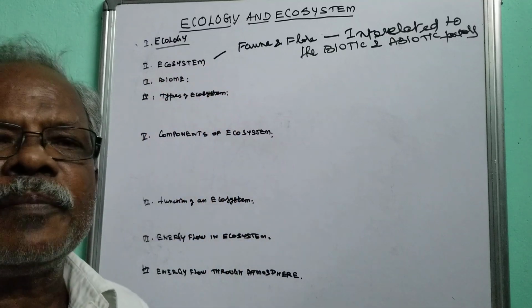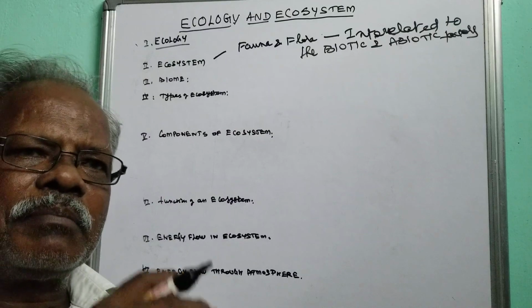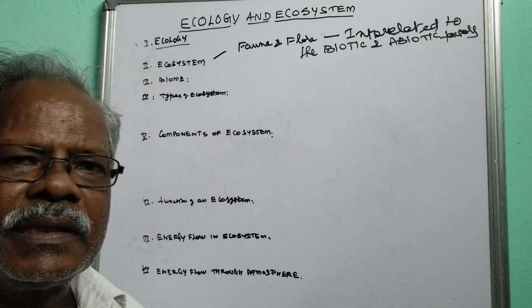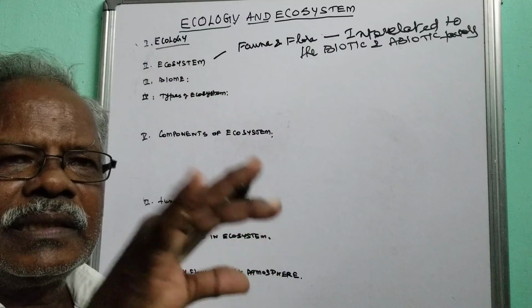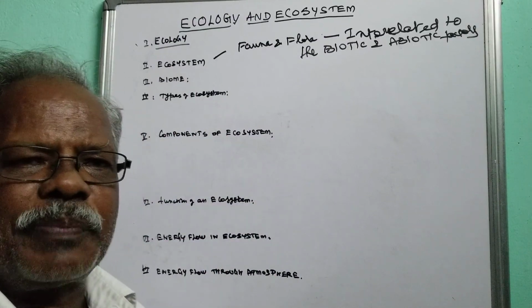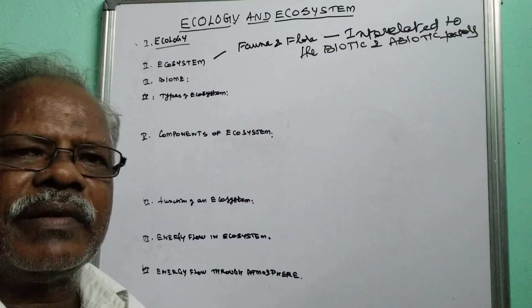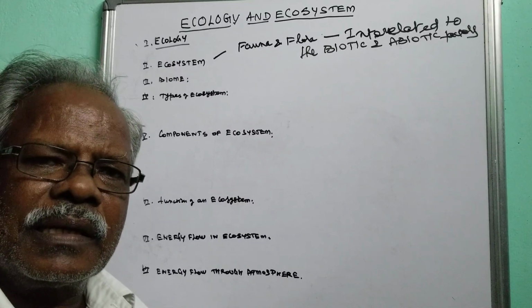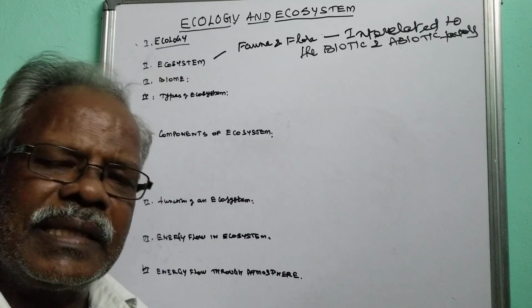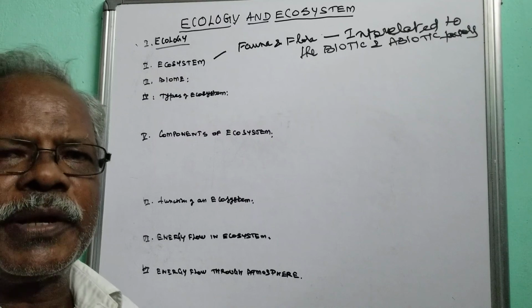And biome means in a particular habitat, in a particular climatic condition, the particular type of animals and plants are abundant, or they are surviving in a normal way, or better than other plants or animals. So that is called biome.